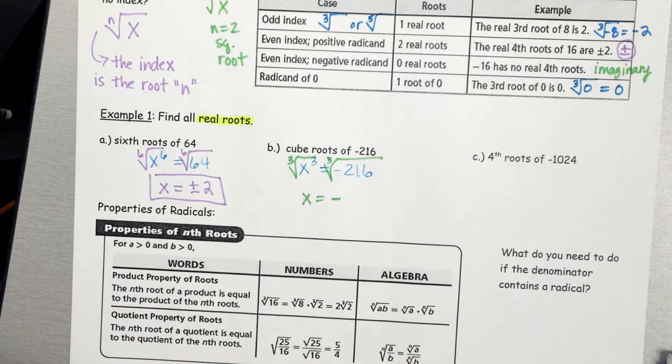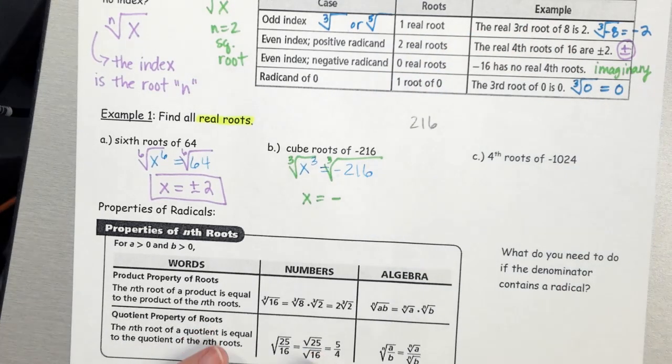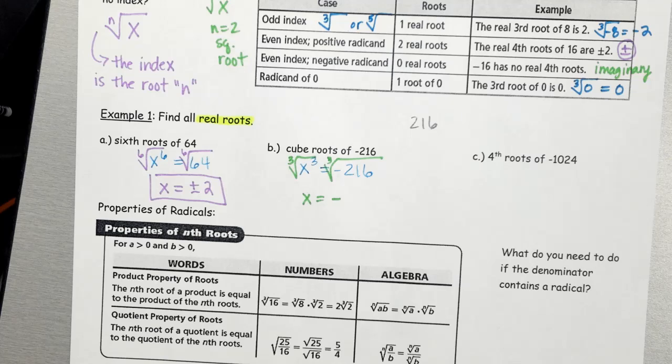Okay, so we're just going to do the factor tree for 216. So whenever you're doing a factor tree, you want the prime factors. So what are good numbers to see if they go into 216? I wouldn't do 6, it's not prime. Yeah, 2 or 3. They both go in there.